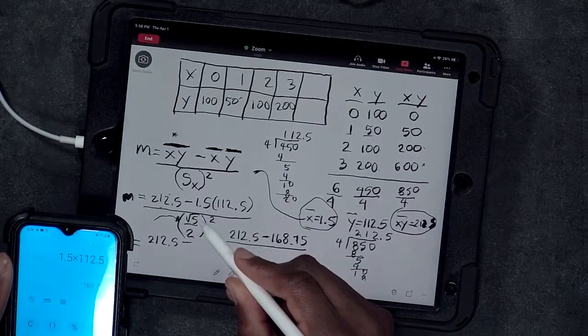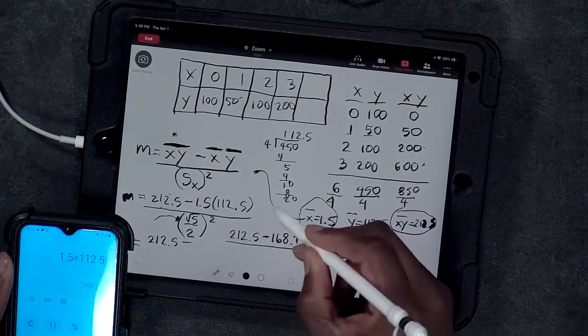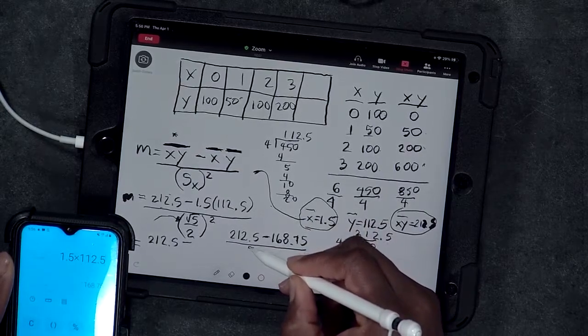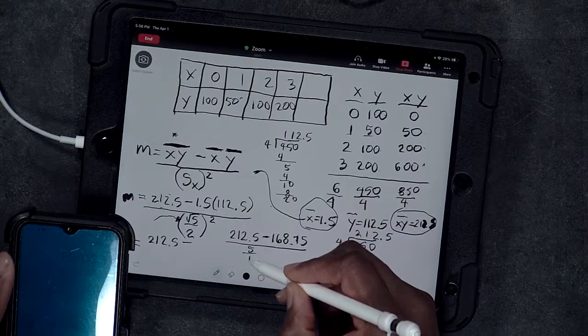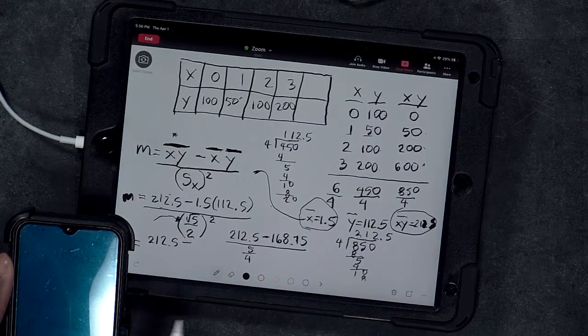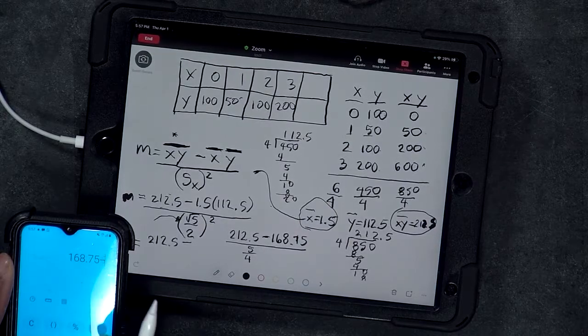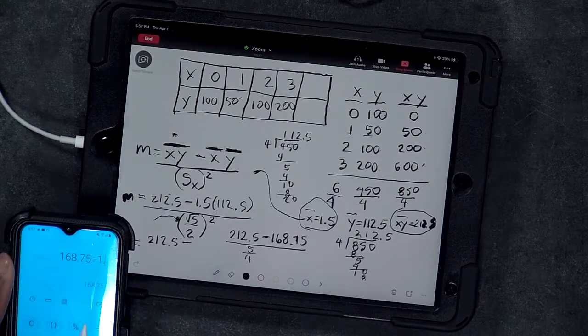You square the radical 5, you get 5. And then you square the 2 and you get 4. So that's going to be 1.25. So if you divide that out, divide it by 1.25.